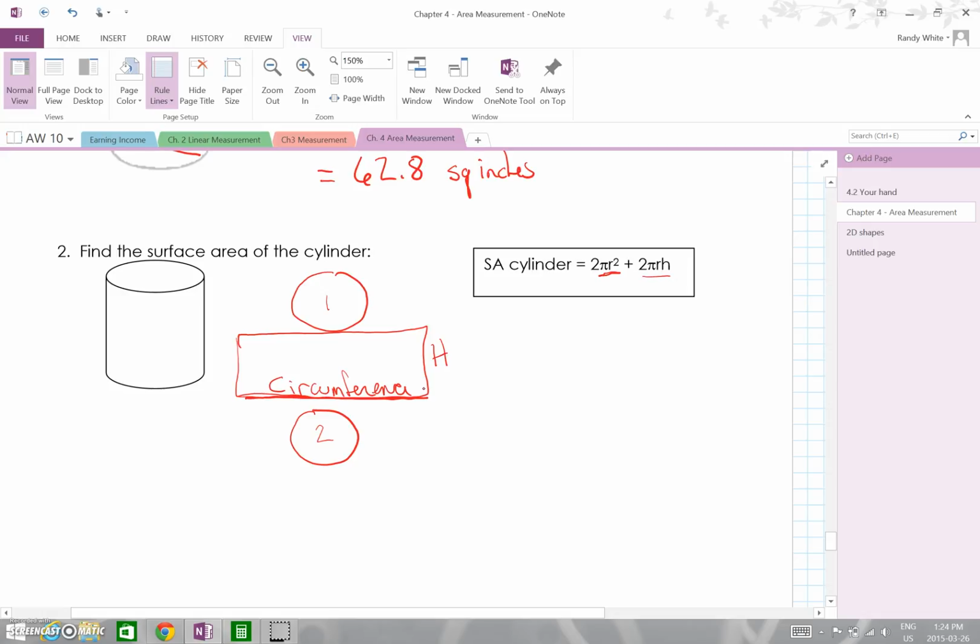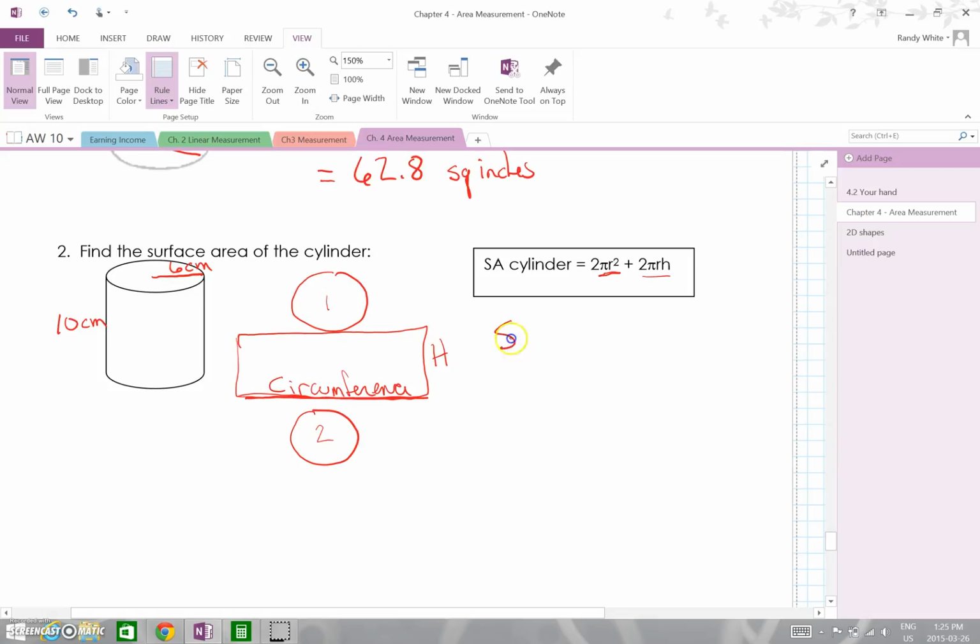And that's why we've got 2 pi r. So when I want to figure out the area of this, let's say, for example, the radius is 6 centimeters, and then the height of the can is 10 centimeters.